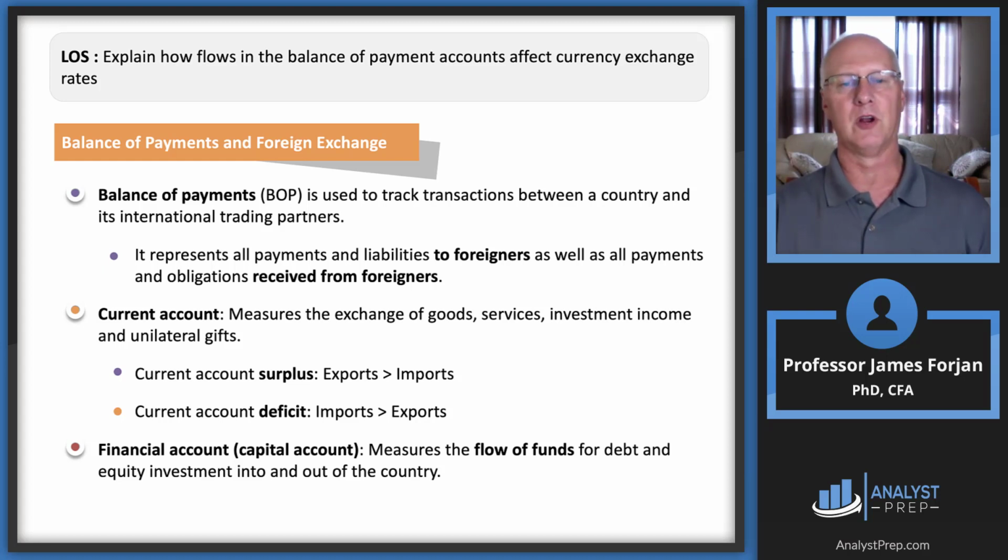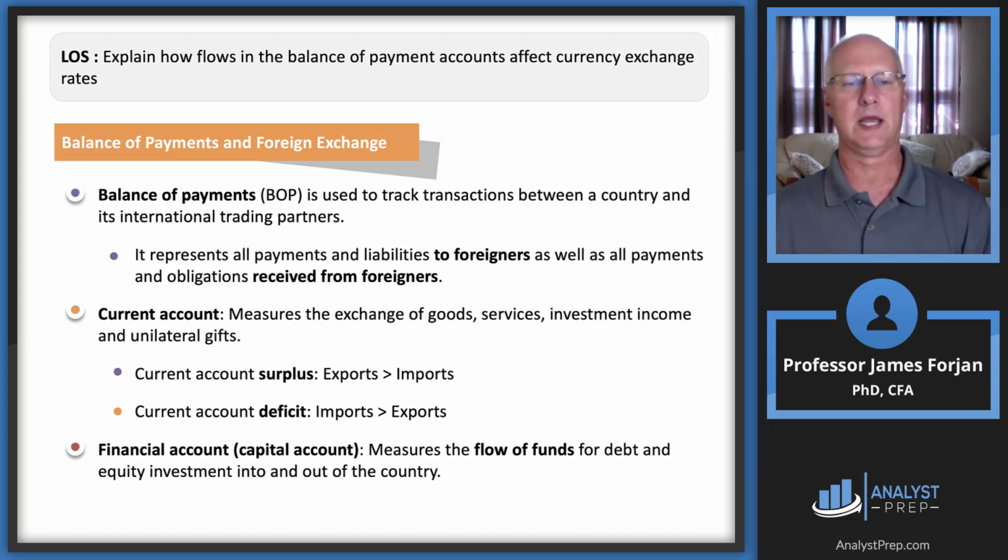Two accounts. There's the current account, which is exactly what I was talking about with the ice cubes and the Hershey chocolate bars, the exporting and the importing. So this is the current account. So you can have a surplus or a deficit. Of course, if we're exporting more than we're importing, that's called a surplus. But of course, it doesn't have to be just ice cubes and chocolate. It could be some kind of a tax service, or some kind of a dividend payment or some kind of a unilateral gift.